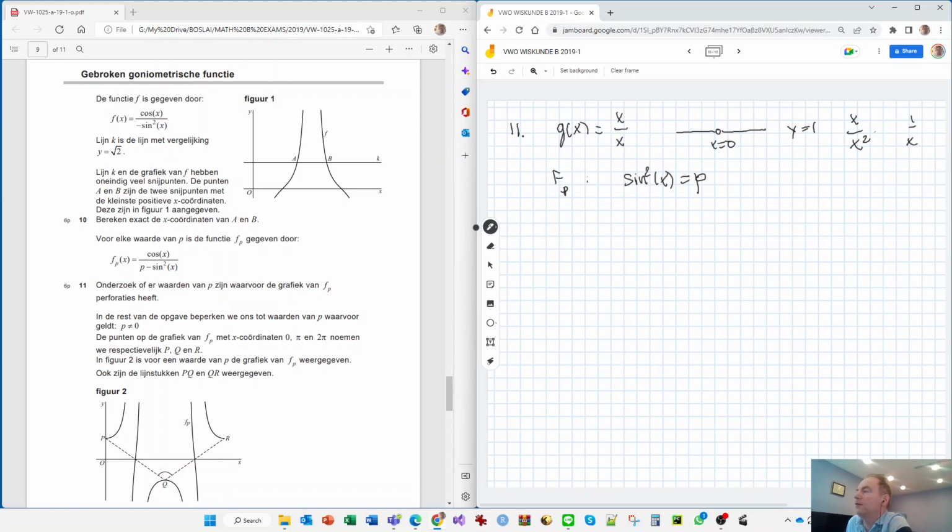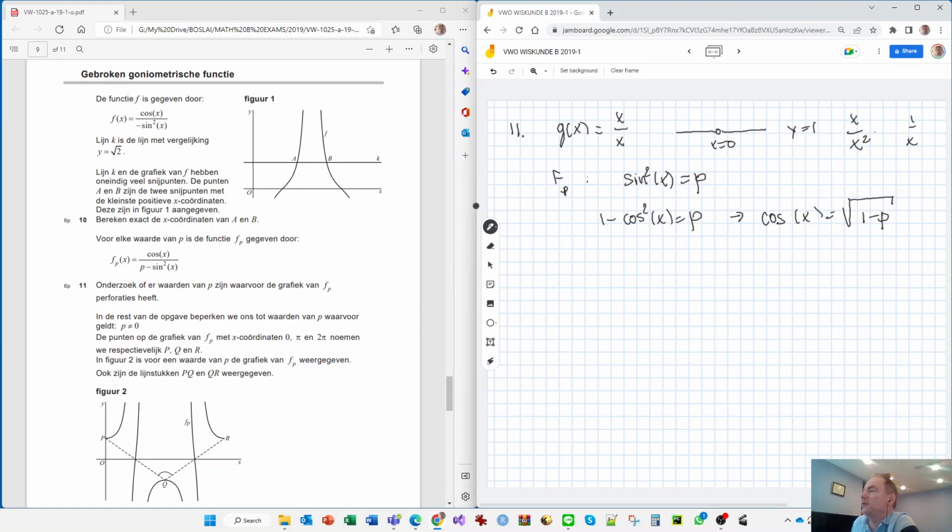And well, if the sine squared of x is p, then it means 1 minus the cosine squared of x equals p. So for all these x's, the cosine squared of x, bring this to the right, this to the left. Let me just take the square root. Is the square root of 1 minus p.